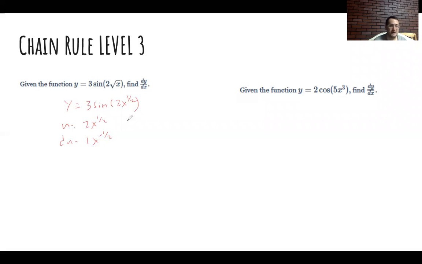For now, I would just process this. So write this as 3 sine of u, and then my derivative would be 3 cosine of u du. And then I'm just going to substitute. So I have 3 cosine of 2x to the 1/2. And then my du would just be x to the negative 1/2.